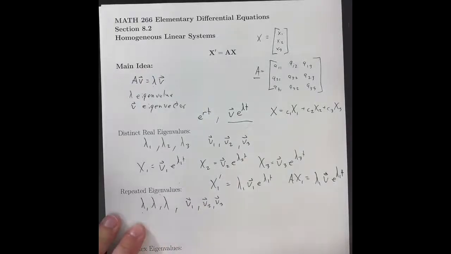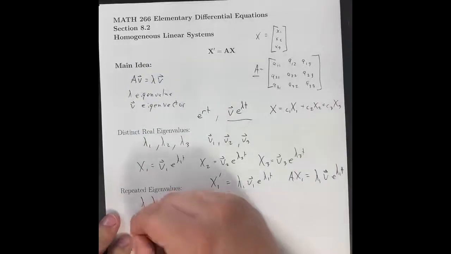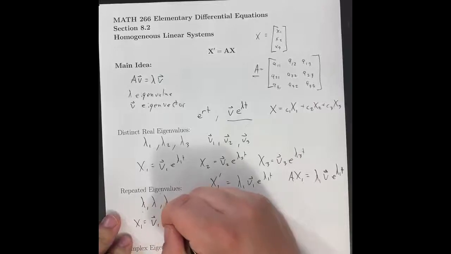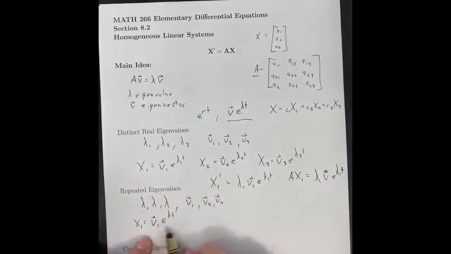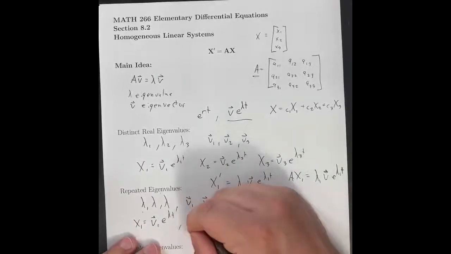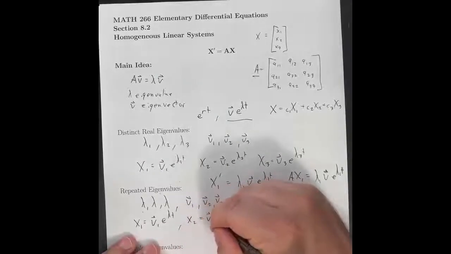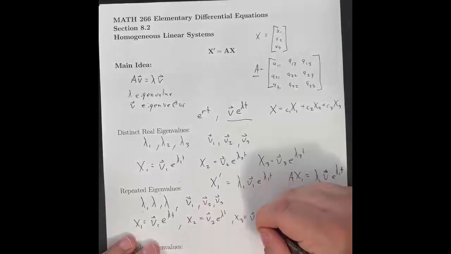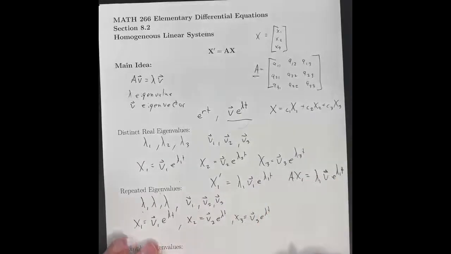Our x1 is still v1 e to the lambda t, and each one has a different eigenvector associated with it. So x2 would be v2 e to the lambda t, and x3 would be v3 e to the lambda t. Since these eigenvectors are linearly independent, the solutions x1, x2, and x3 are linearly independent, even though they have the same exponential form.